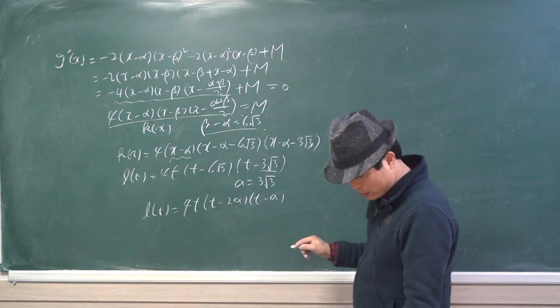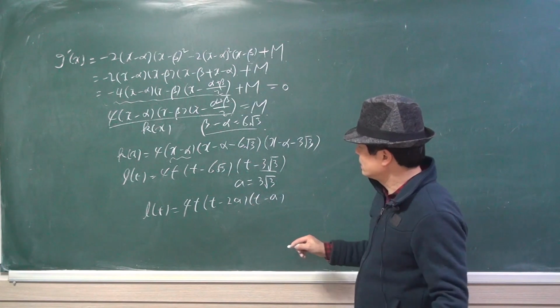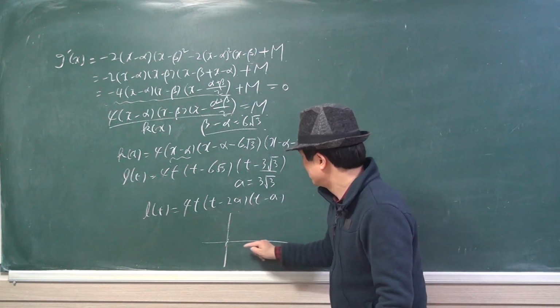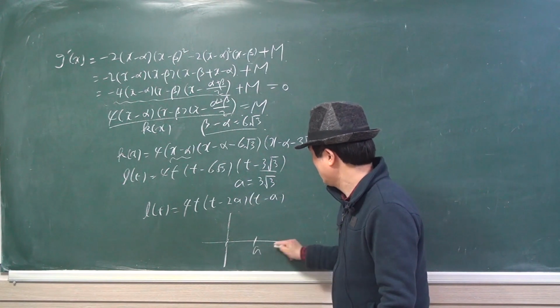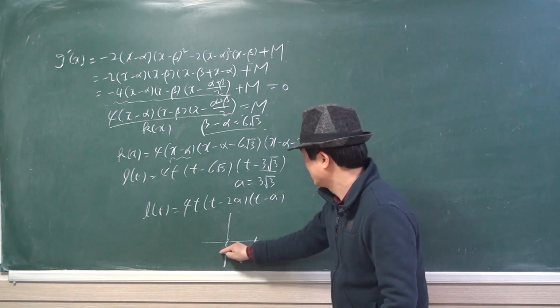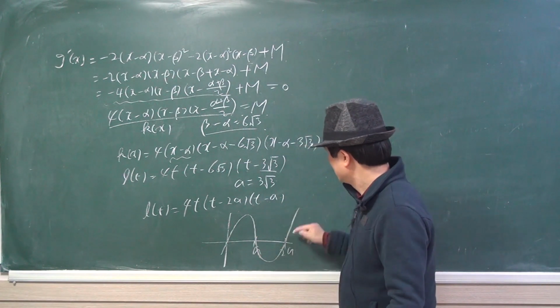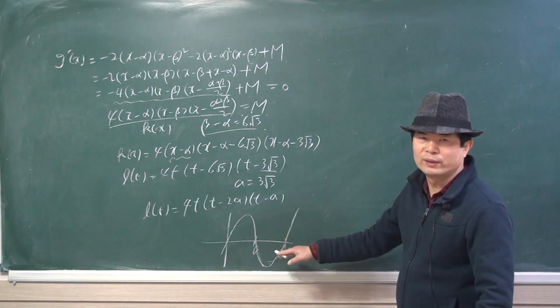Then we sketch this function at 0, a, and 2a, and it is a typical third degree function.